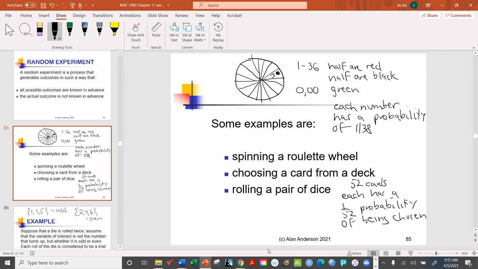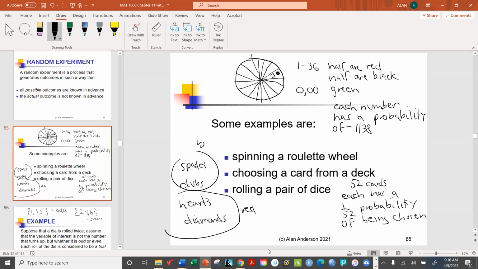Because you know that each card is equally likely to occur. You also know how the deck is constructed. There are 4 suits: spades, clubs, hearts, and diamonds. And of course, hearts and diamonds are red and spades and clubs are black.